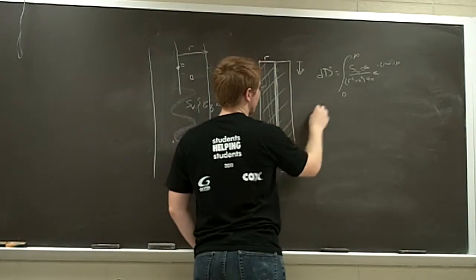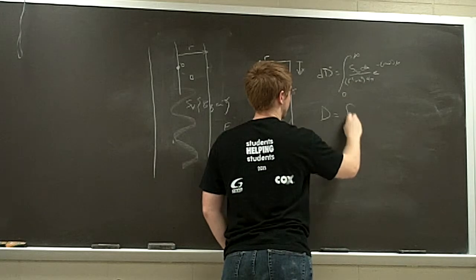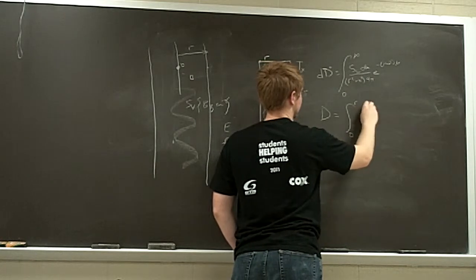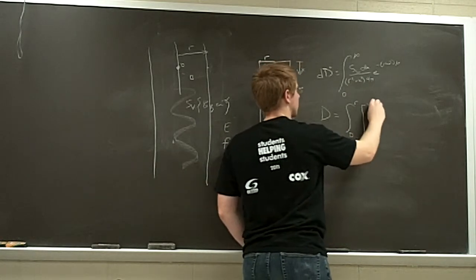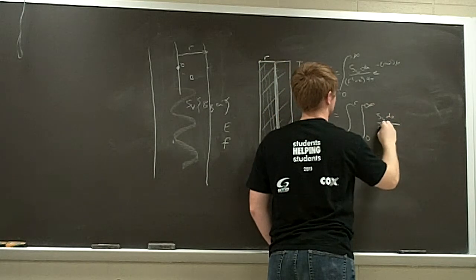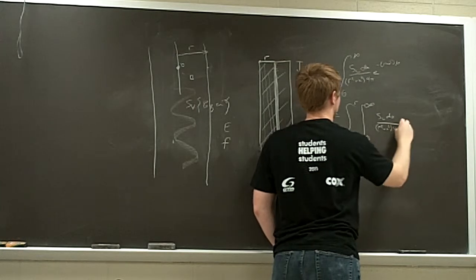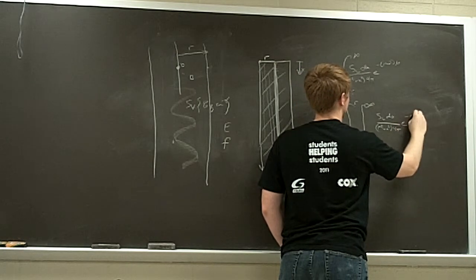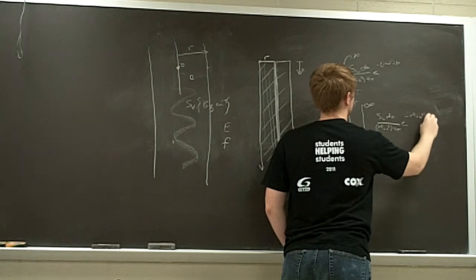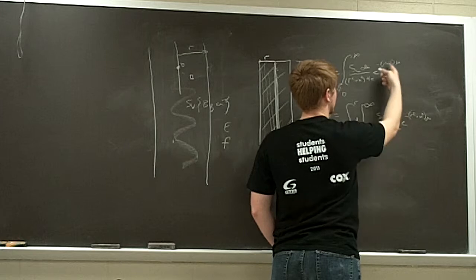So the dose for this whole plate is going to be this integrated from 0 to R. What's the argument of the exponential, e to the minus? R squared plus X squared.